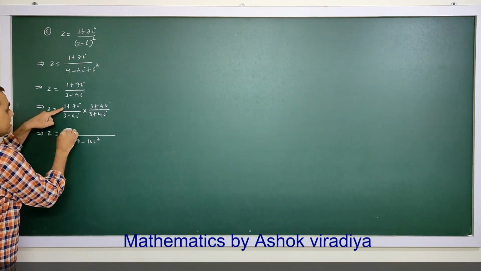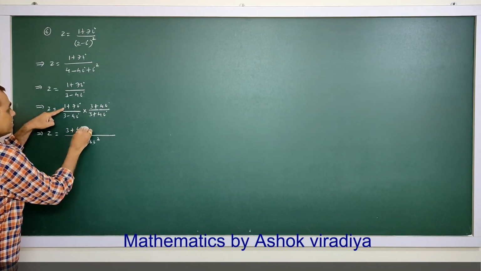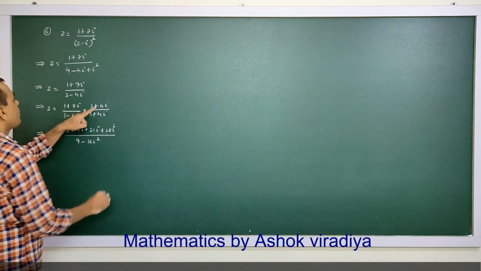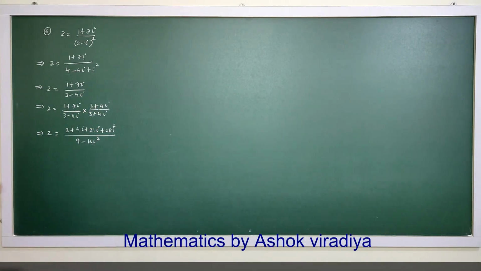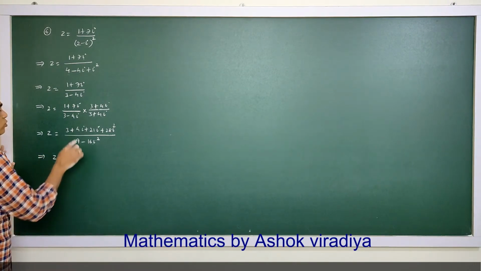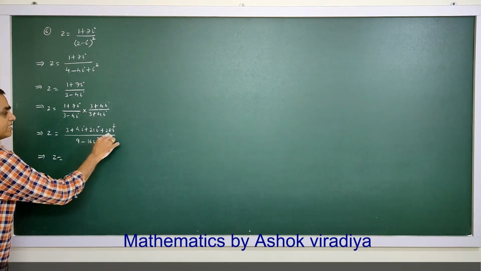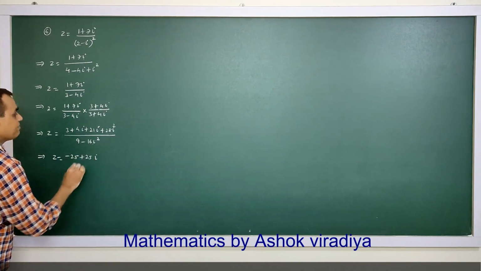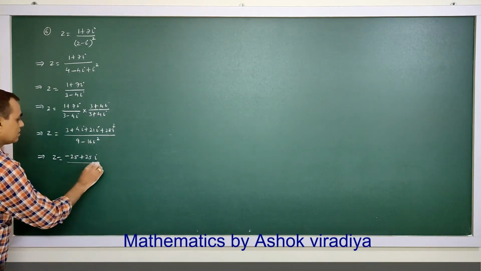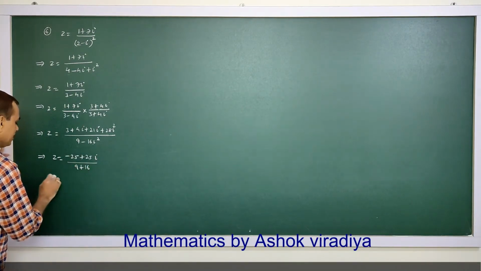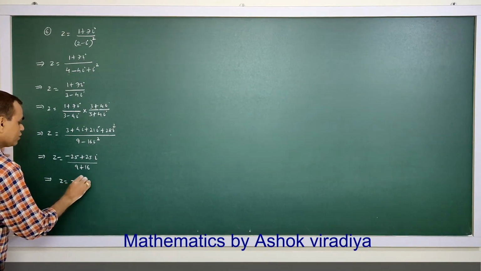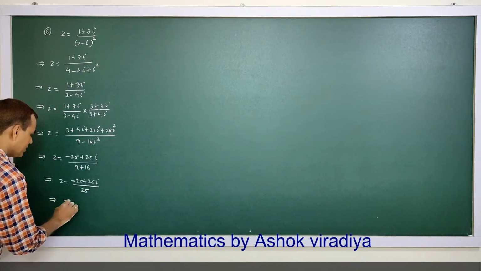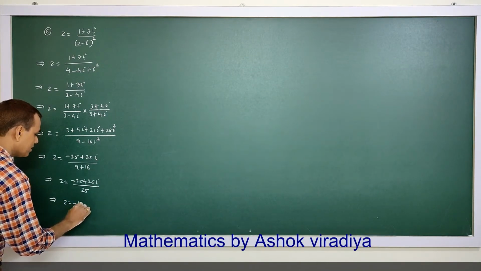The numerator is 1 into 3, 3 plus 4i plus 21i plus 28i square. That is z equal to 3, this is minus 28. 3 minus 28 is minus 25 plus 25i upon, this is 9 plus 16. So z is (minus 25 plus 25i) upon 25. So z is minus 1 plus i.